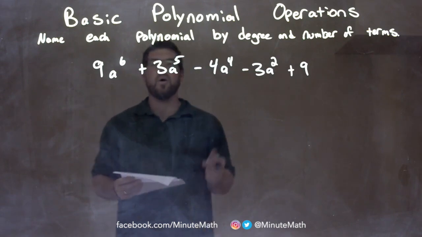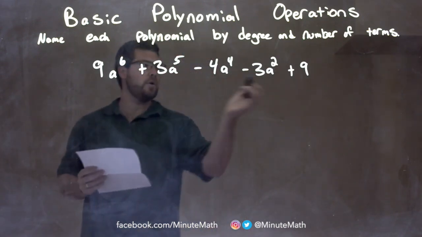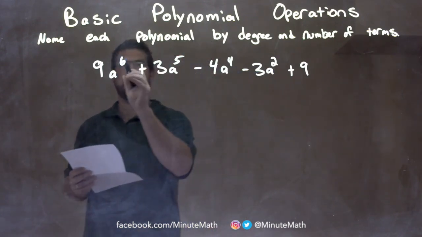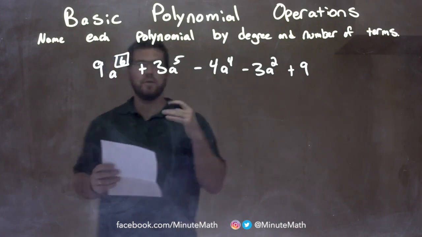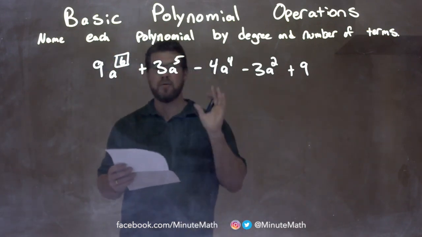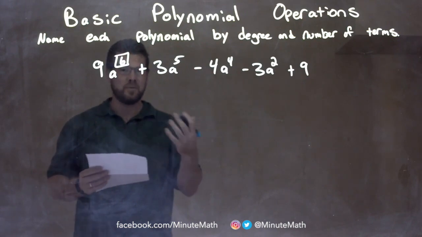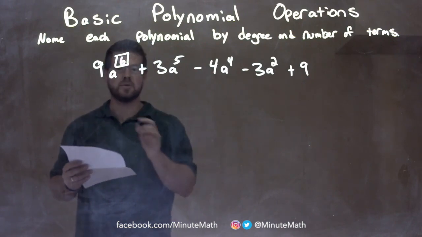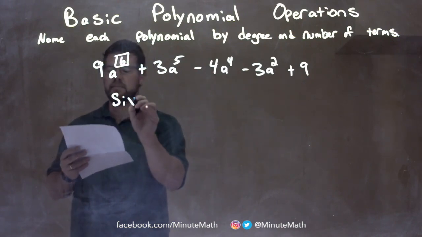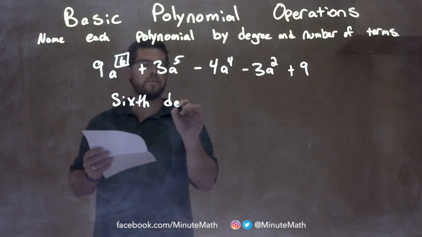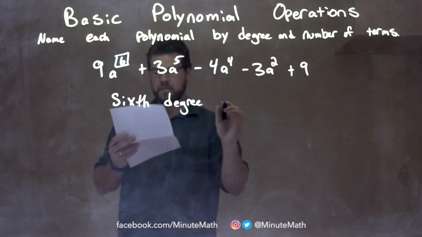What's our highest degree? The highest degree I see with the variables is a to the 6th power right here. There's nothing really special term, we just call it a 6th degree polynomial.